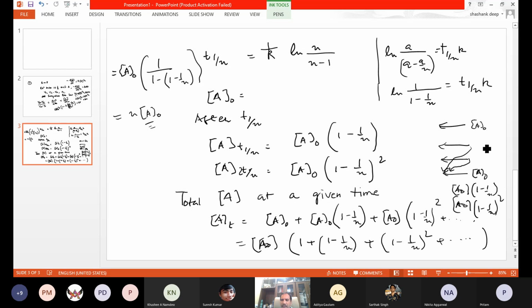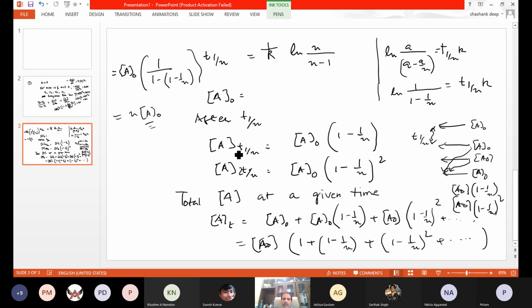So A naught you are giving at a regular interval, and the interval between successive doses is T 1 by n. Prove that maximum concentration of the drug in patient body is equal to n times the concentration produced by an individual dose.